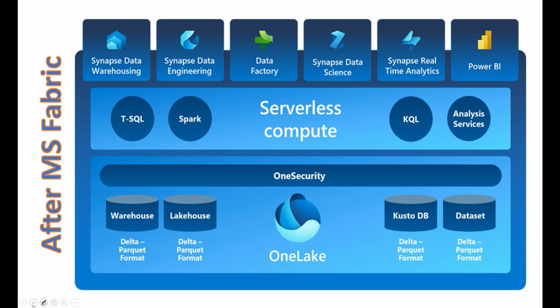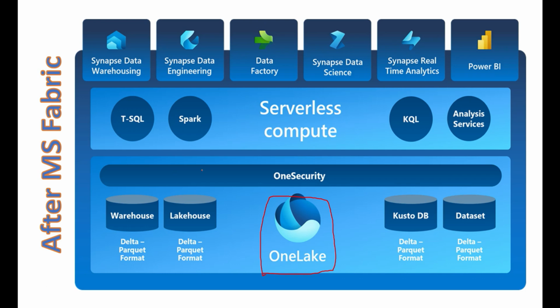As you can see, all these are existing components. Synapse is an existing component, Data Factory is an existing component, Power BI is an existing component, and even Kusto is an existing component. So what changes here, as you can closely observe, is the data lake. They are changing it to OneLake. OneLake is a one-stop solution for all the data storage.